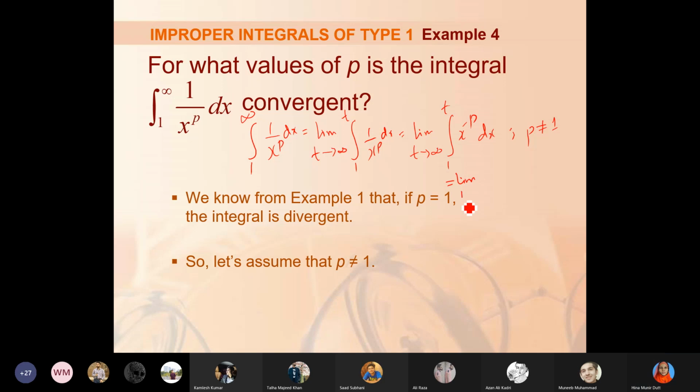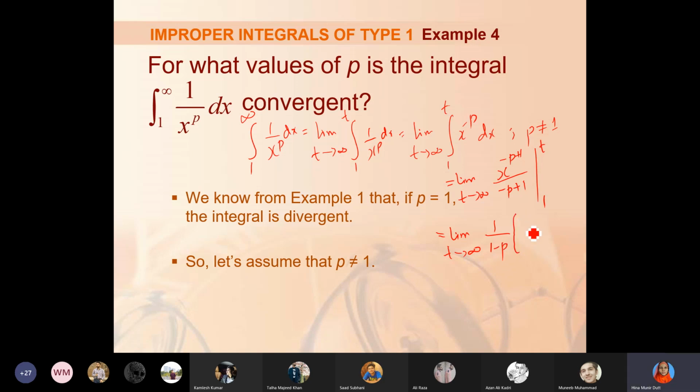So what would be the integration of x^(-p) when p is not equal to 1? Using the power rule, it is x^(-p+1) over (-p+1), with limits of integration from 1 to t. I can take 1 minus p common.